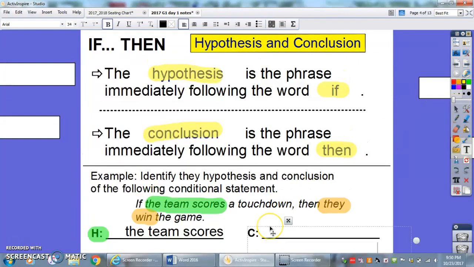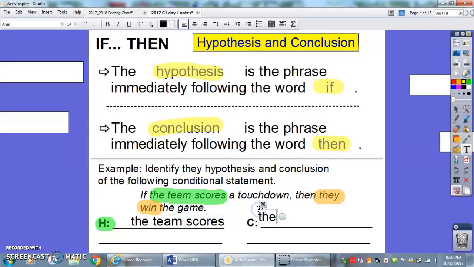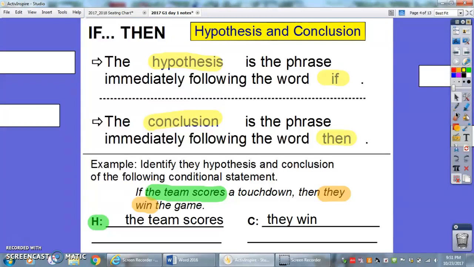I'm going to write that down. That's it. We just have to know what the hypothesis is and what the conclusion is, because the next thing we're going to learn are the conditional relatives, which change up the hypothesis and conclusion.